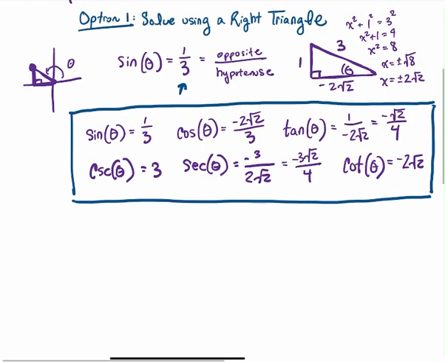So I'll call this option 2, and this is just strictly using trig identities to solve using trig identities.